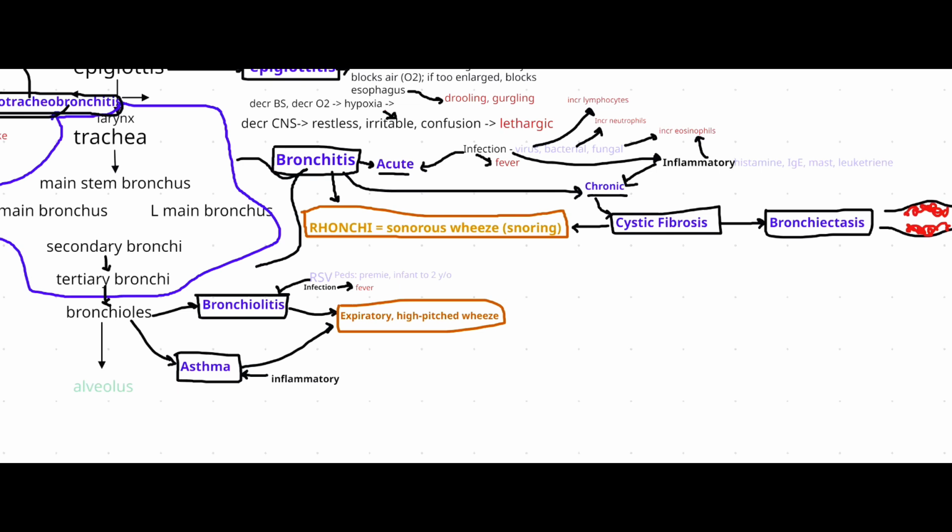I'm glad I went back. So what triggers the histamine and the IgE and the mast cells to cause an inflammation here? Allergen, right? Allergen causes an allergy. Okay.